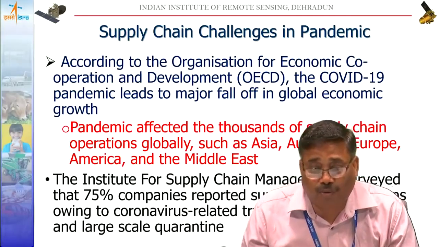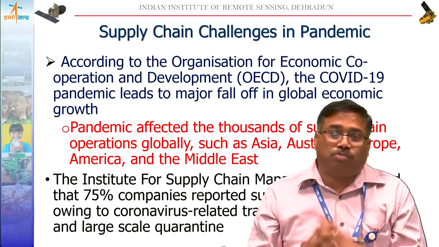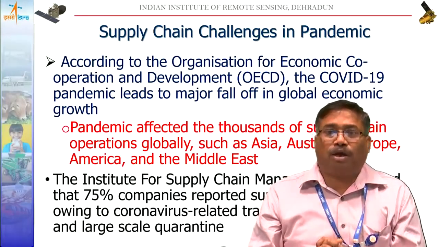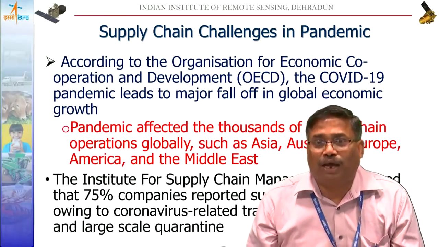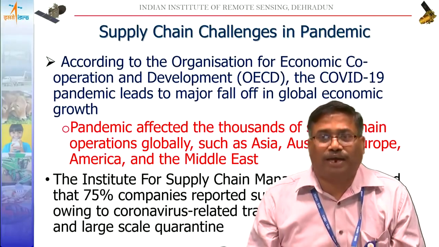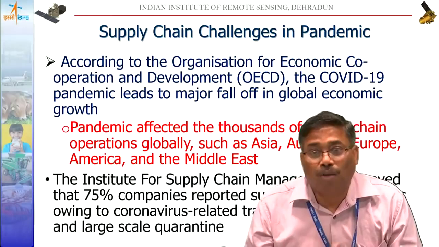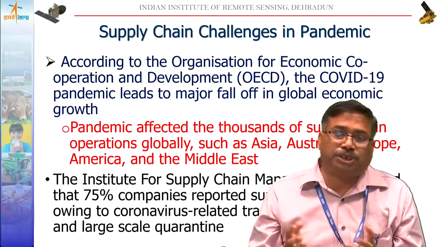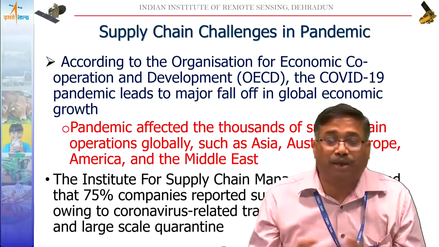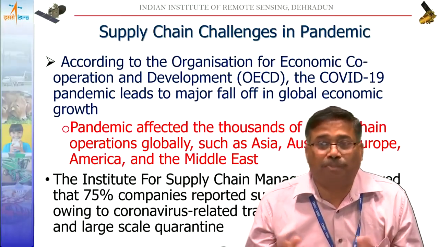Well, I would like to mention that you might have heard that according to the Organization for Economic Cooperation and Development, the pandemic was a major fall in global economic growth. In fact, you will be surprised to know that most of the companies based in Asia, Australia, Europe, America and the Middle East had a big loss because of the pandemic.